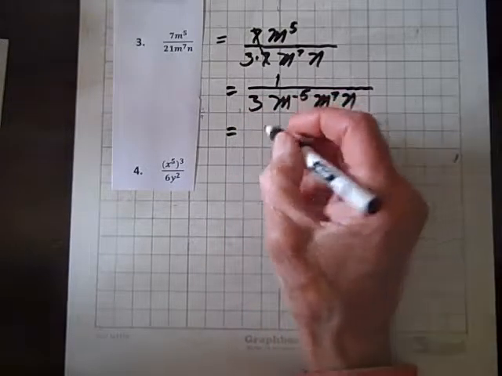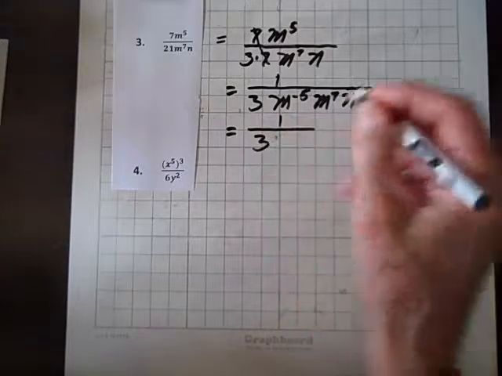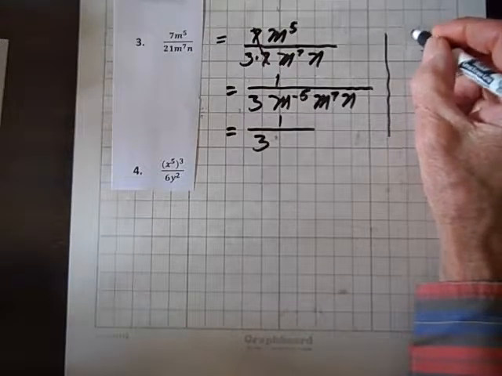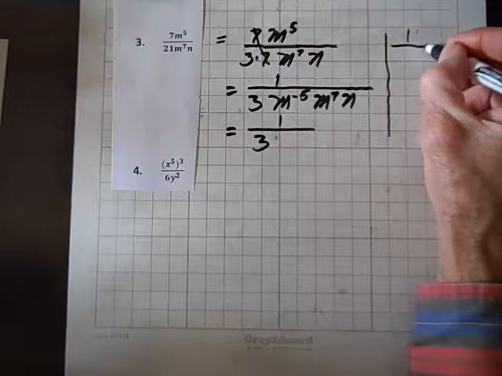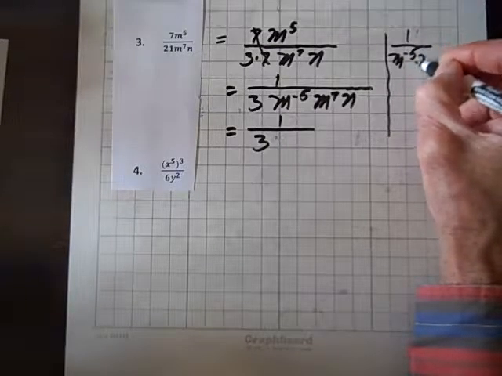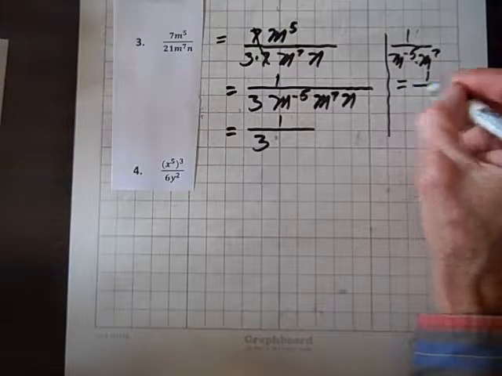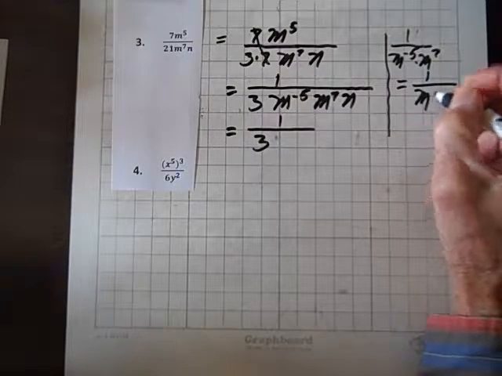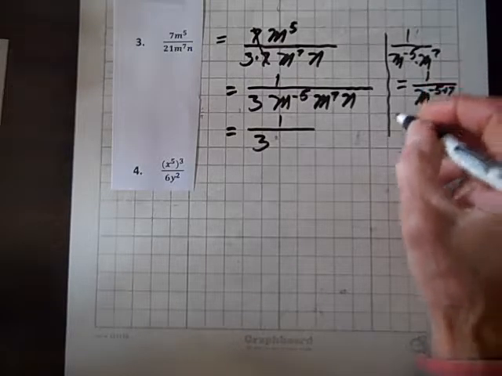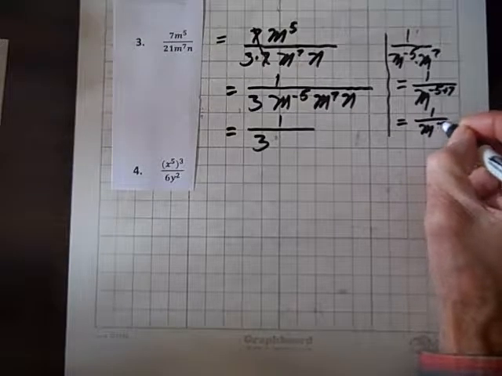which equals 1 over 3. And I'm going to do some side work here. 1 over m to the negative 5 times m to the 7th equals 1 over m to the negative 5 plus 7, which equals 1 over m squared.